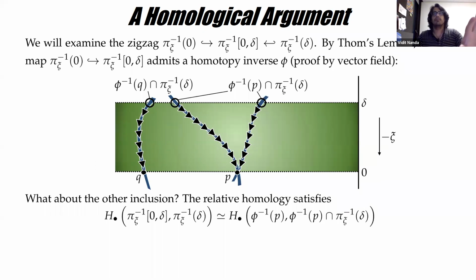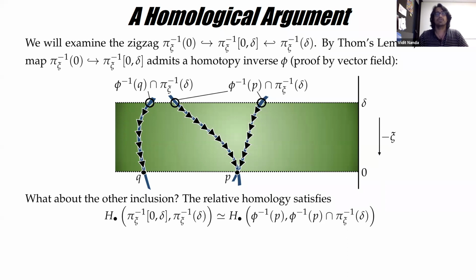And so the top layer has the same homology as the green stuff, right? You can just flow things down into the green stuff, and that's an equivalence. It's in fact a homotopy equivalence.